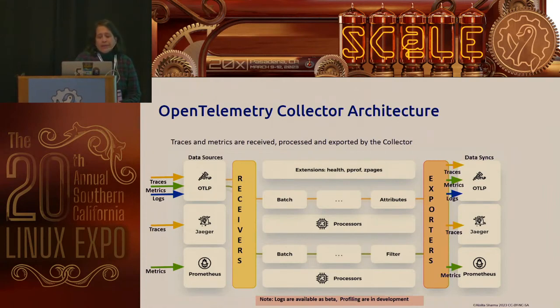And then once your data is ready for sending to a particular backend, you may have a metrics backend like Prometheus, or a trace backend like Jaeger, or you could use OTLP to send it to a log database. You can use an exporter and just send it, right? And there are native OTLP exporters available in OpenTelemetry core.